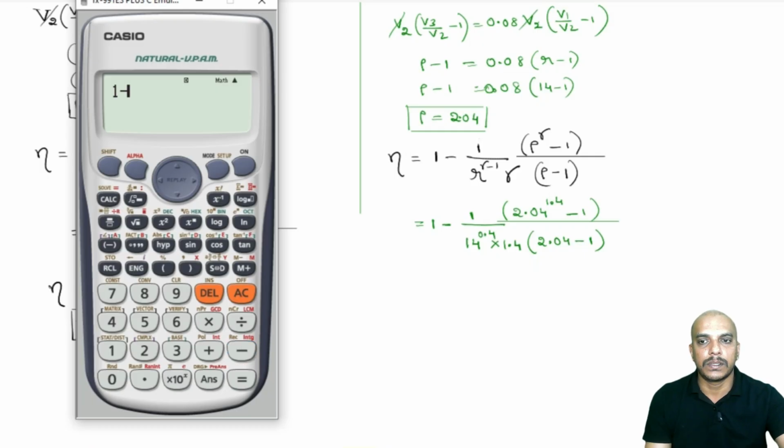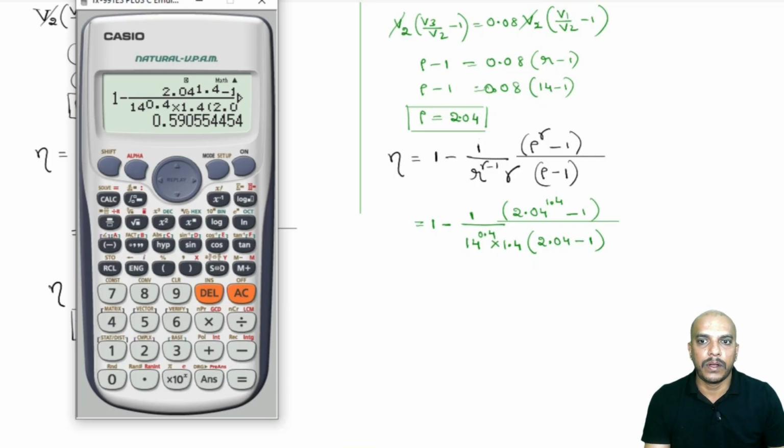So, 1 minus, in the numerator we have 2.04 power 1.4 minus 1, divided by 14 power 0.4 into 1.4 into 2.04 minus 1.